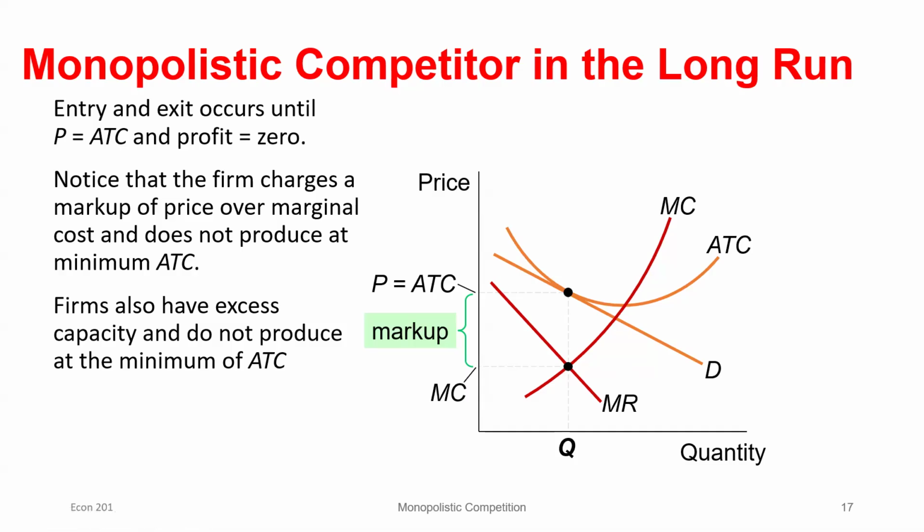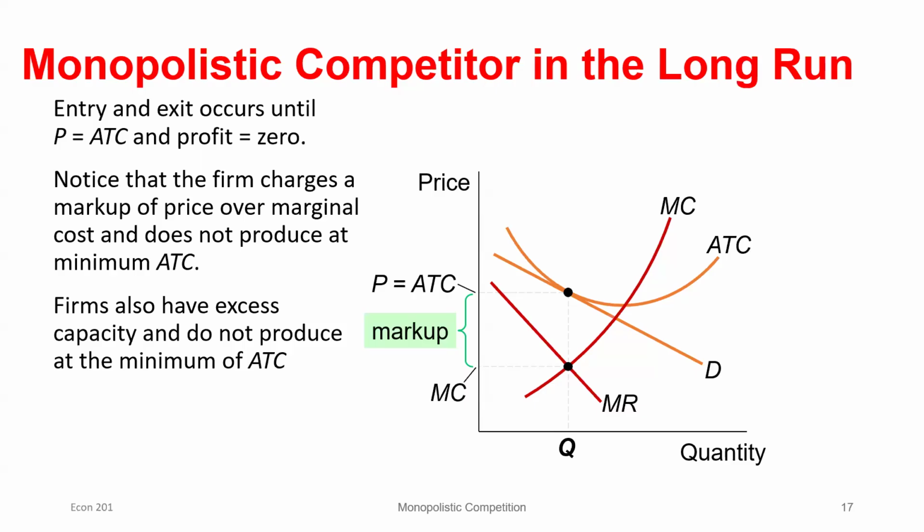Now, what we're also going to look at is a different term. I think I left this a little bit out of the slide, so there's value added to class. If I think about something like this, let's say I've got my average total cost curve, and here's my demand curve.